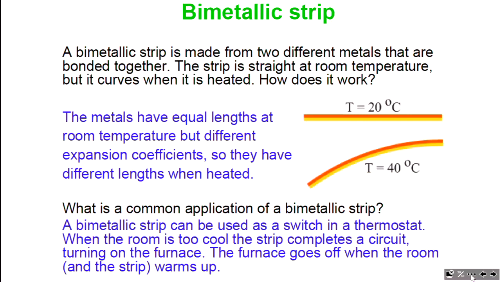And how does it affect the device? It bends. One expands more than another. And how do we use this? Well, of course, the bending depends on the temperature change. So, depending on the bending, we can figure out what the temperature is.